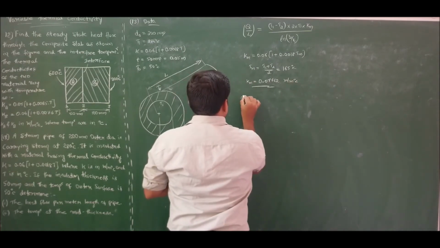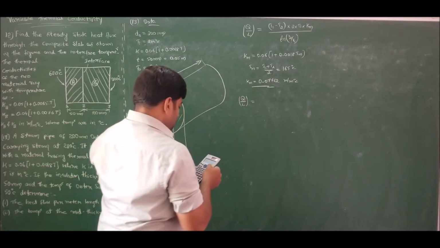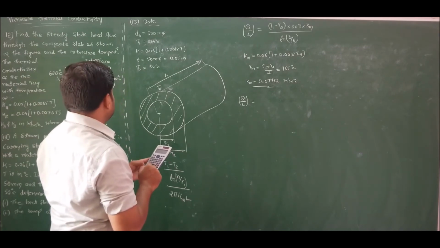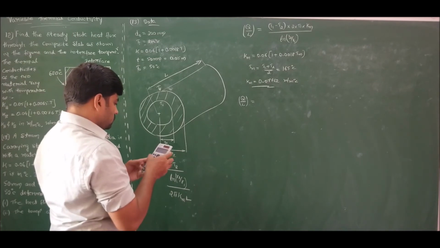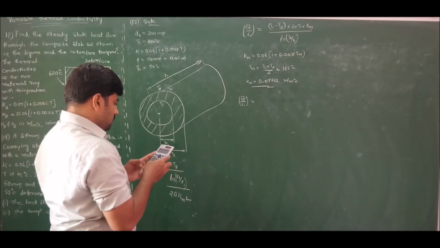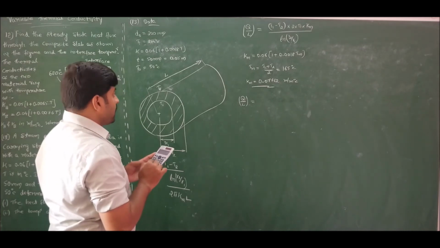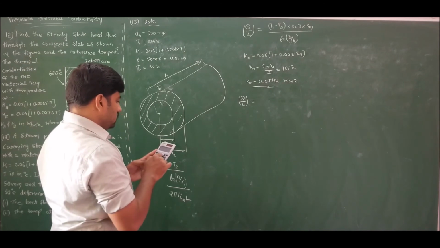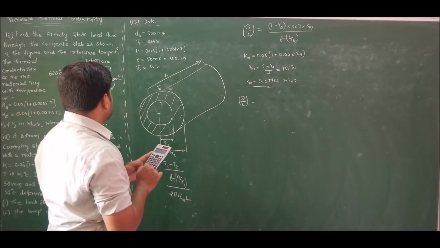Hence heat flow per meter length will be T1 minus T2, that is 280 minus 50, into 2 into pi into K mean, which is 0.07782, divided by log base e of R2 by R1.